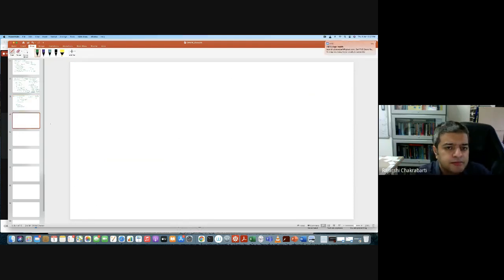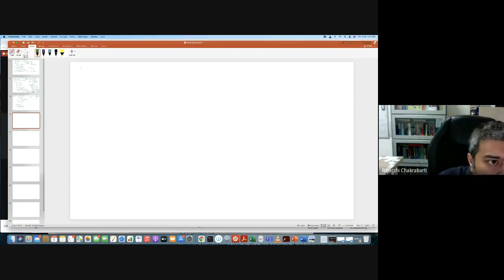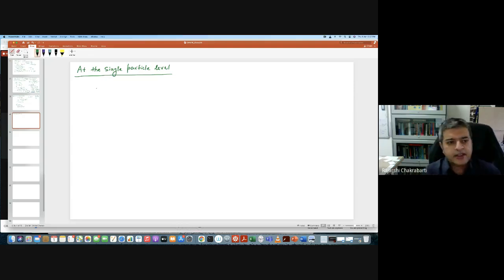So we move to some new topic. And the topic is, okay, now what happens at the single particle level, the description. So if I tag this particle, this single particle, it is doing this random walk.